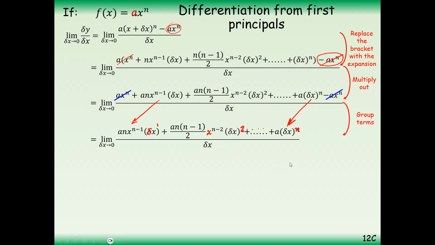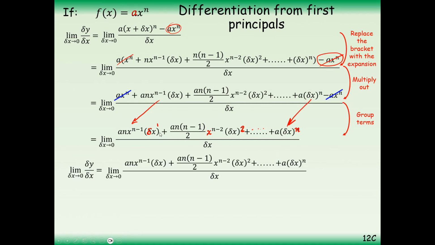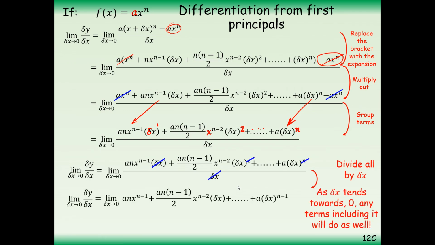What you need to notice is that after the first factorization of delta x, only the first term will be left without a delta x. All the other terms have delta x's on them. Sorry, that would be n minus 1. So all these delta x's remain.